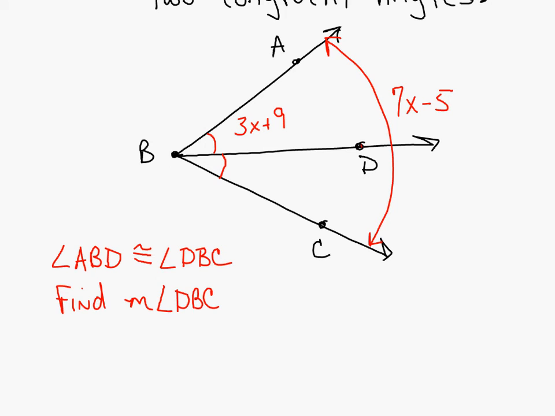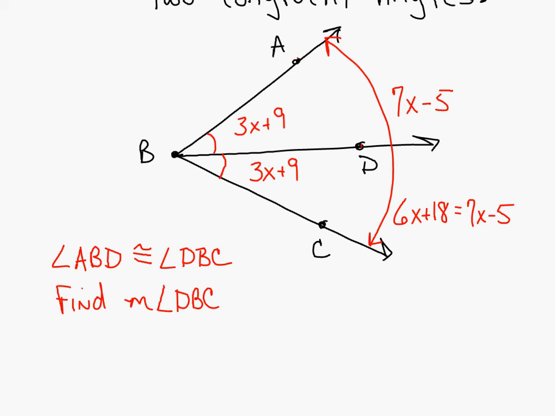7x minus 5. It's 3x plus 9, isn't it? So doesn't the small angle, 3x plus 9, plus 3x plus 9 equal the 7x minus 5? All right, so if you combine these two, aren't you going to get 6x plus 18? 6x plus 18 equals 7x minus 5.